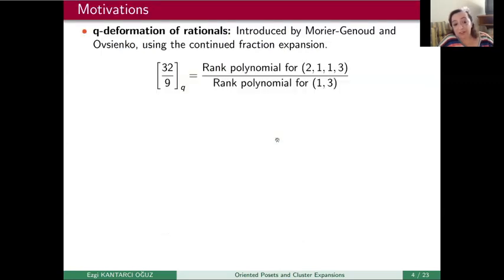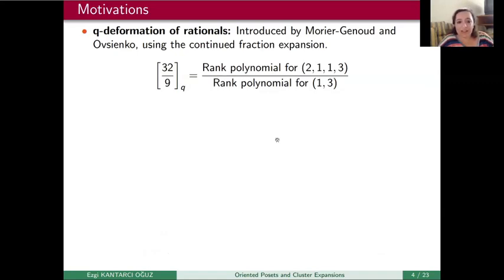And why are we interested in these ideals? Specifically, why am I interested? This started with some recent work by Morier-Genoud and Ovsienko, where they gave a q-deformation of rational numbers.